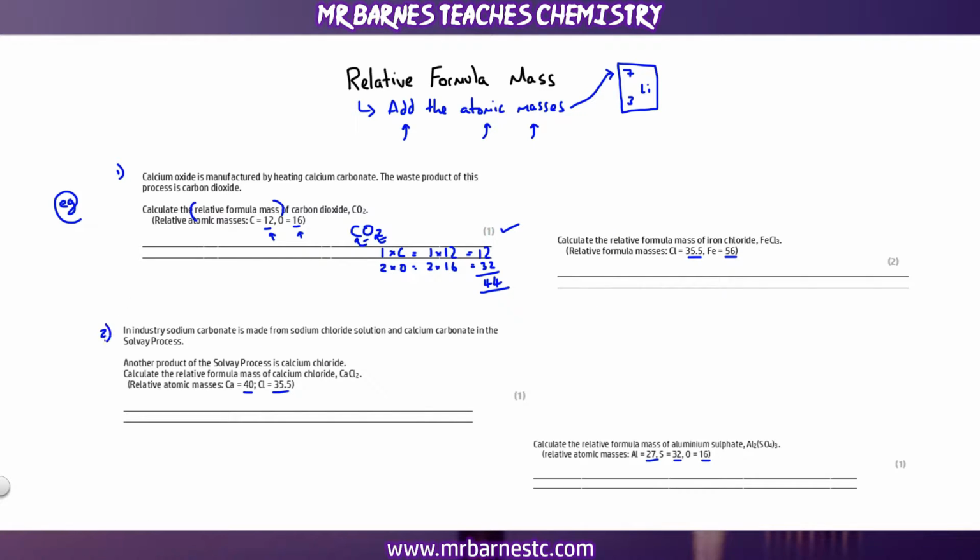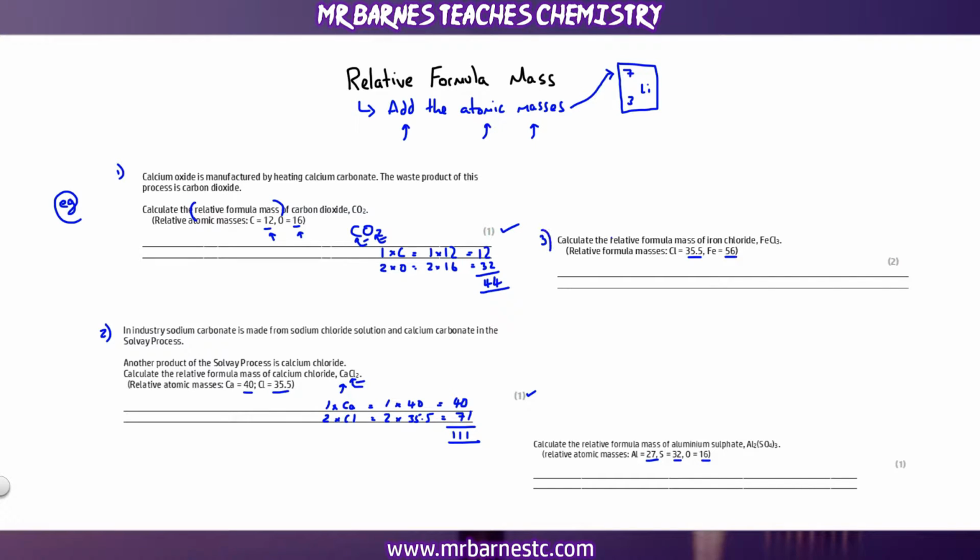Number 2, again, there's a lot of information here, but the key thing is work out the relative formula mass of calcium chloride. Calcium, we've got 1 of, so 1 times 40 is 40. Chlorine, I've got 2 of them, therefore 2 times 35.5, which is 71. Add those together, I get 111.